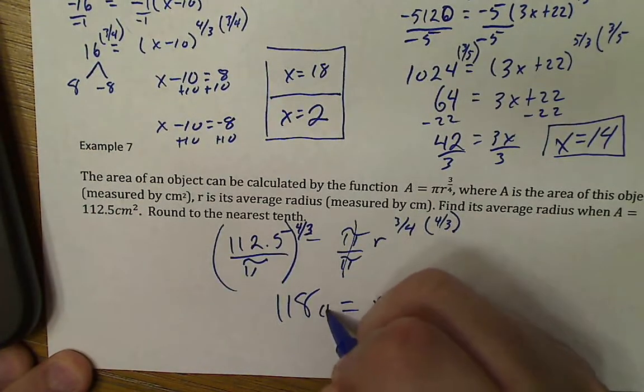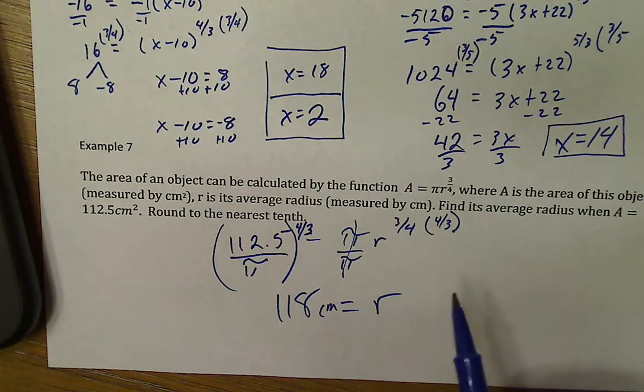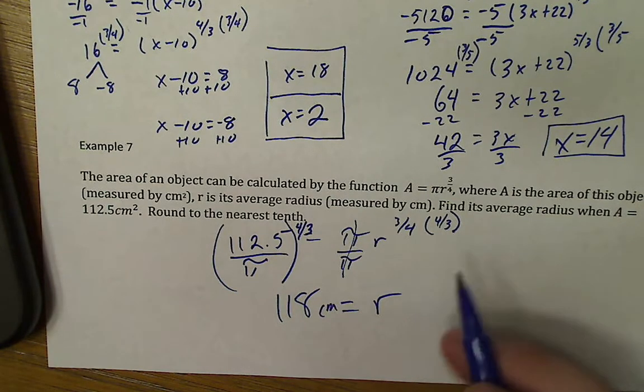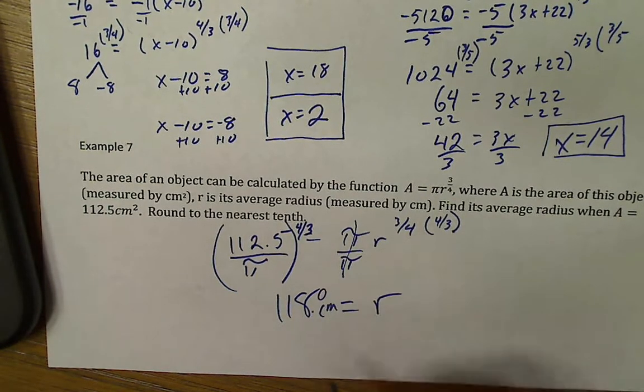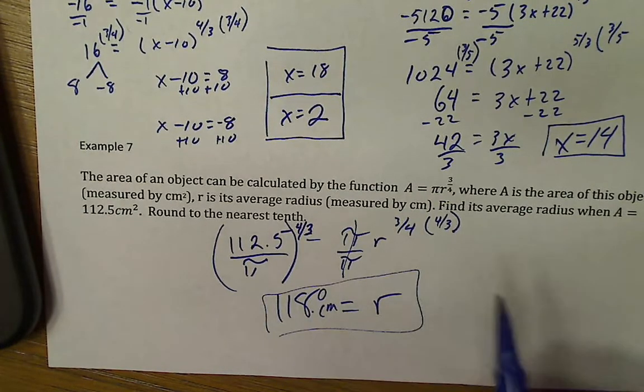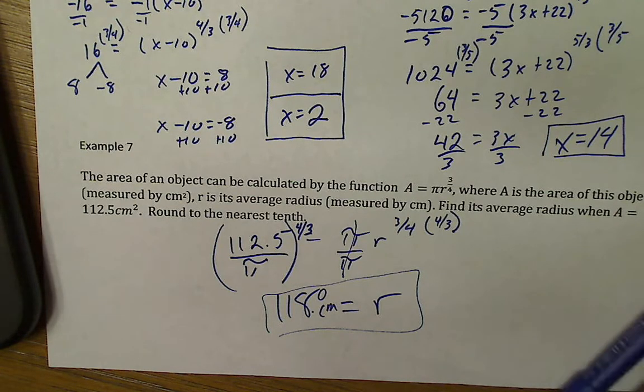So 118 centimeters is the average radius for this. And there it is. If you want to write 0.0, that's fine. It's not going to make much difference. So there are fractional, or rational, exponents, depending which one you want to say. So we'll see you around, and yeah, there it is.